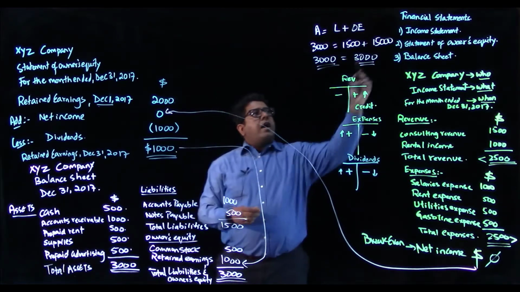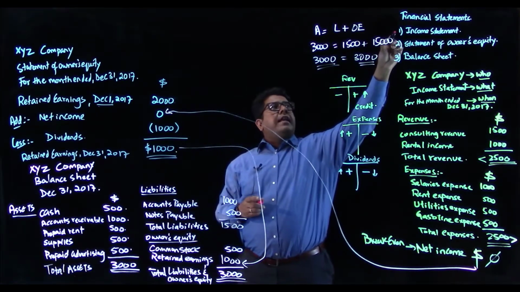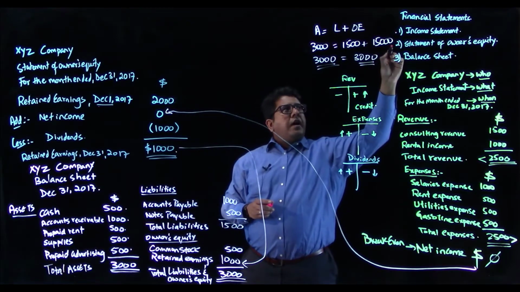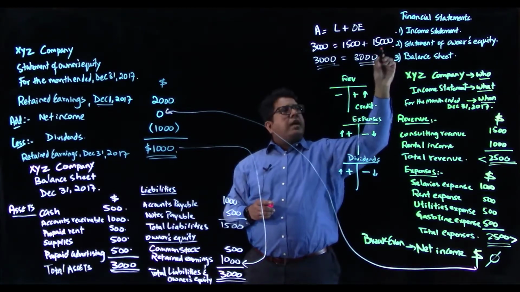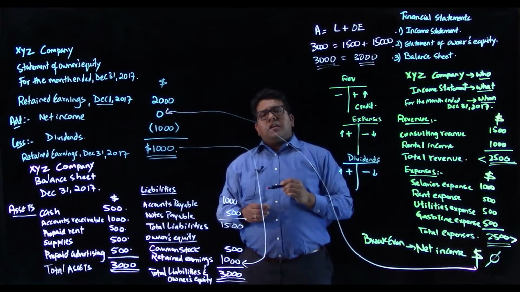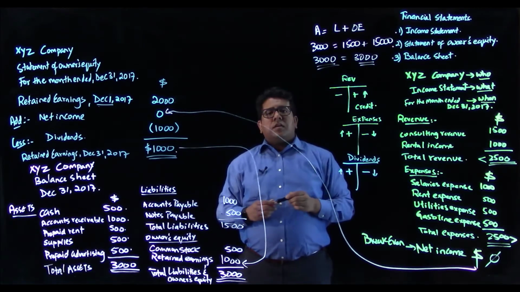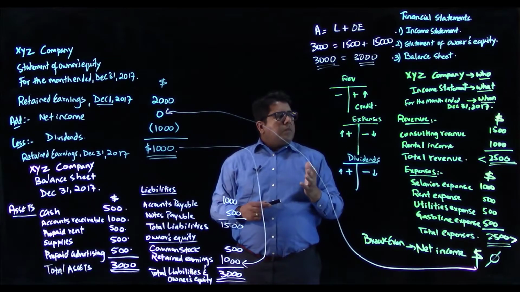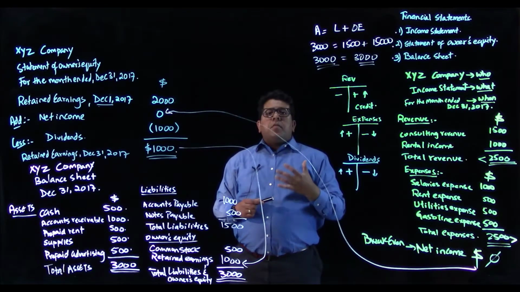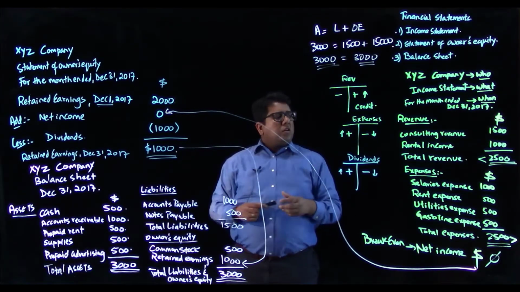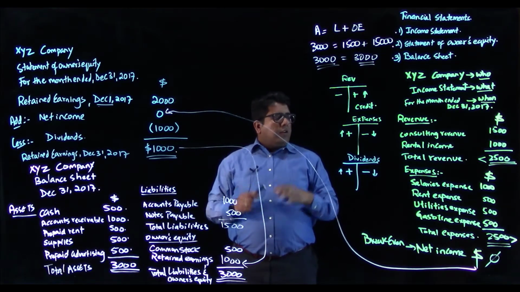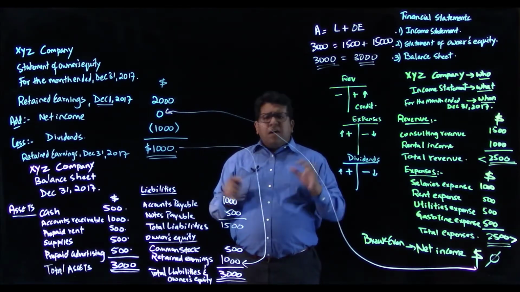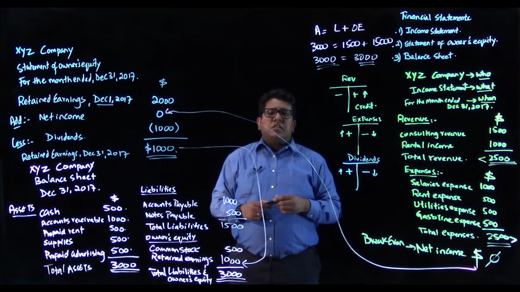So that's why this is in this order. You have the income statement first, then the owner's equity, and then the balance sheet. I hope this clarifies a lot of concepts on the financial statements. I have tried to break it down in the simplest terms possible while giving you a lot of detail on how the financial statements work.